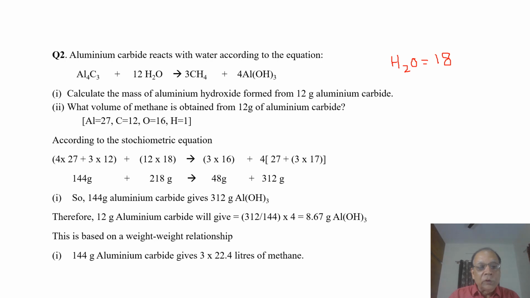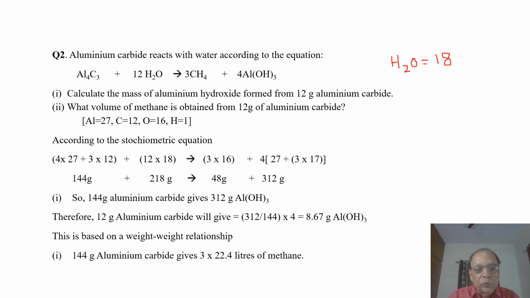So 144 grams aluminium carbide gives 312 grams aluminium hydroxide. The question is, calculate the mass of aluminium hydroxide formed from 12 grams aluminium carbide. So we take this and this. Two weights can be taken, and this is a weight-weight relationship. One weight is given, we have to calculate the other weight, and we have to use the standard weights as the stoichiometry of the equation says.